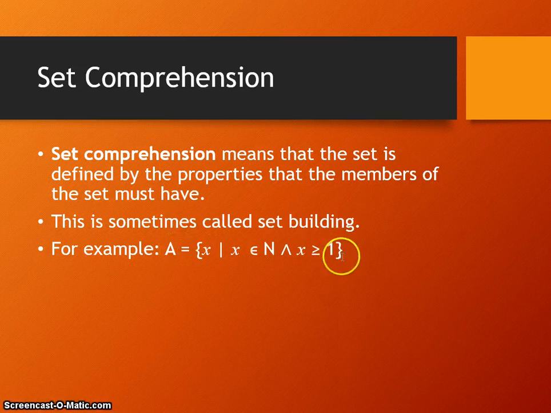So here is an example of us building a set, and what we're saying is A is a set where X is such that X is a member of the natural numbers and X is greater than or equal to 1.